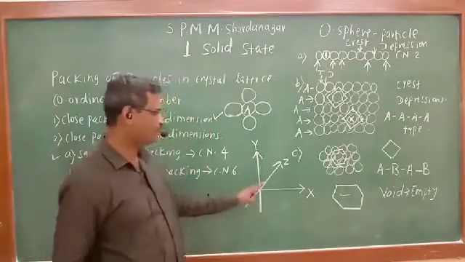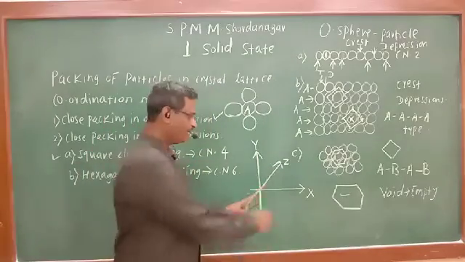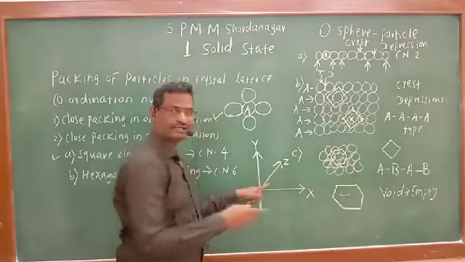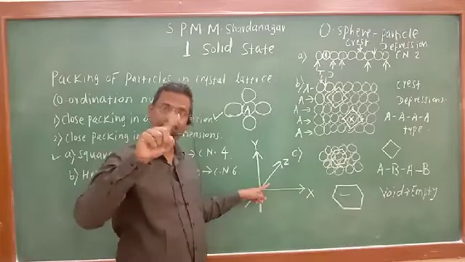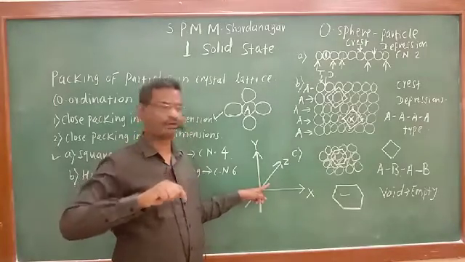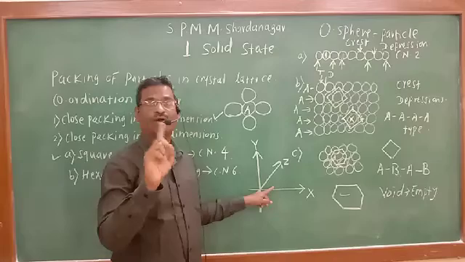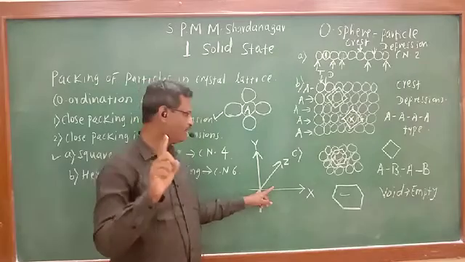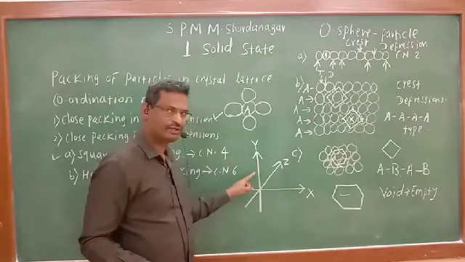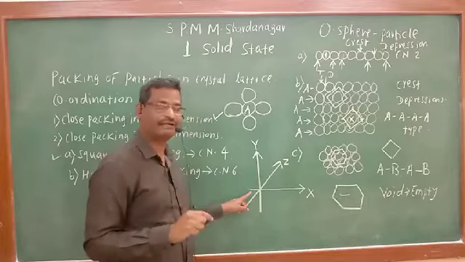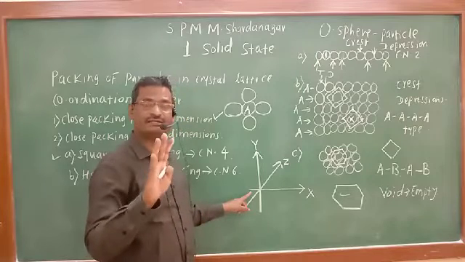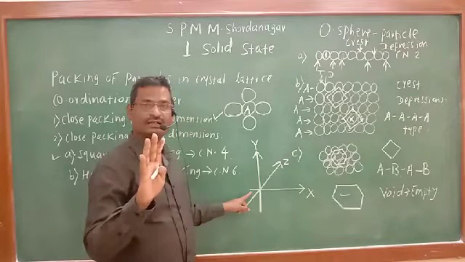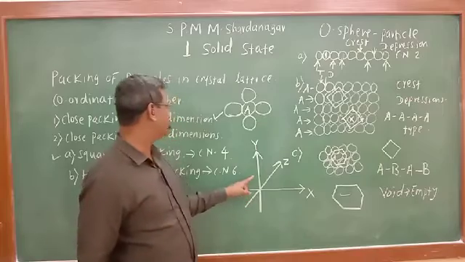It is always equal to 90 degrees. In between X and Z, since that is the three-dimensional structure, the bond angle is 90 degrees, not 45. In between Y and X also, the bond angle is 90 degrees.